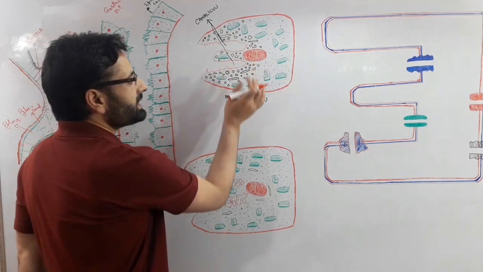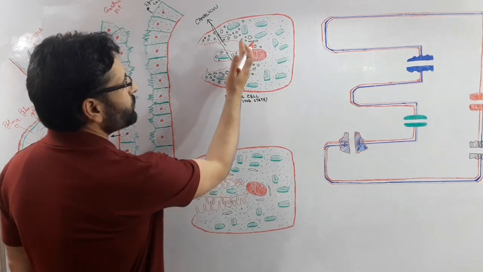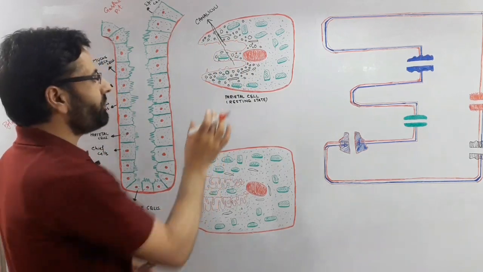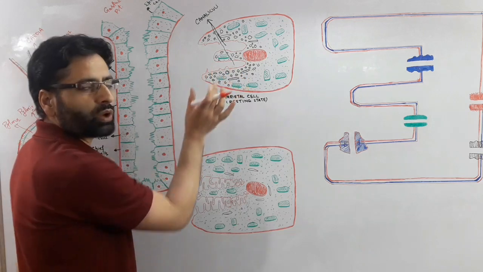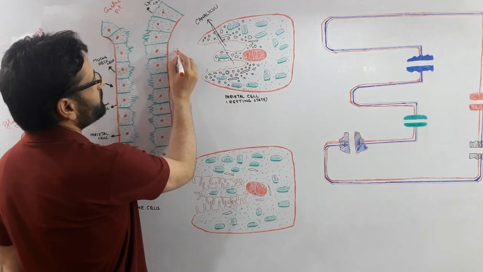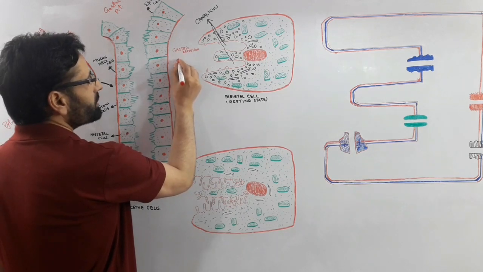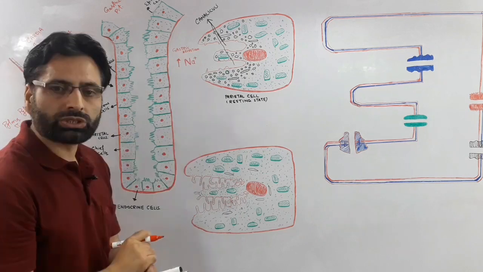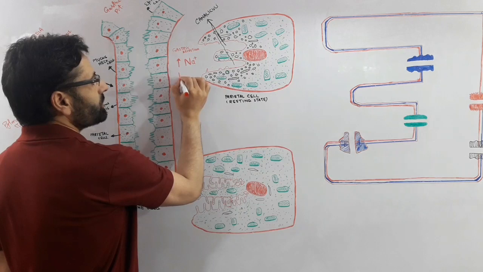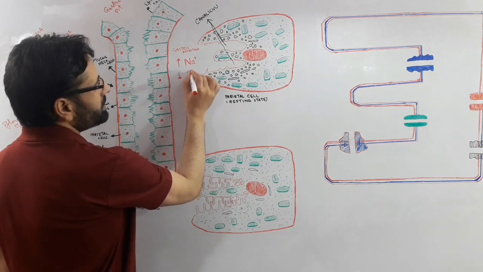So in the resting state, we have a large number of these small vesicles present towards the apical side of this parietal cell. When this cell is not activated, the gastric secretion will have a higher concentration of sodium ions, and simultaneously it will have a low concentration of hydrogen ions or protons.